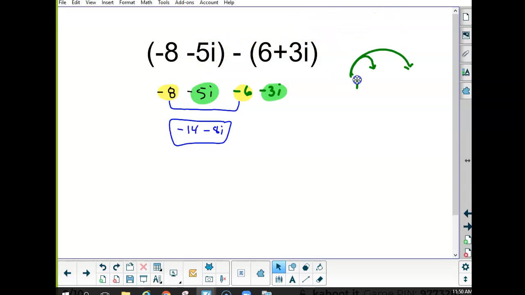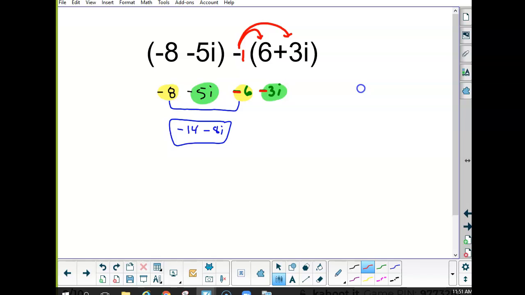What I like to do is think of that as a distributive property. What I mean is, think of this as a negative 1, and I have to change the sign or distribute those values. So notice this becomes a negative 6 and a negative 3i. And then we're just combining like terms.